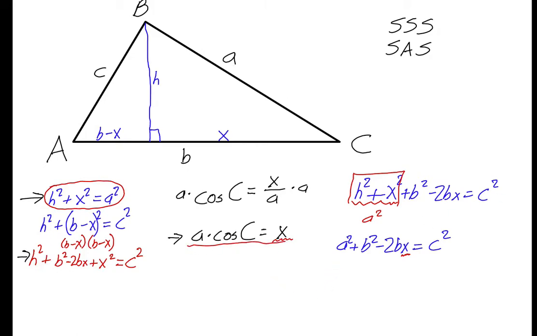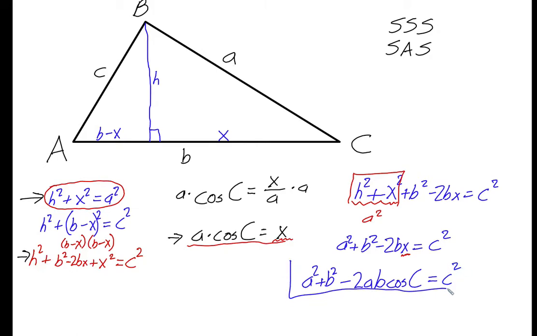So if I replace that x with what I know it's equal to, I get a squared plus b squared minus 2b times a times the cosine of c. Just to put them in alphabetical order, I'm going to put the a before the b, but it really doesn't matter. It's multiplication. It doesn't matter what order you put them in. 2 times a times b times the cosine of c equals c squared.